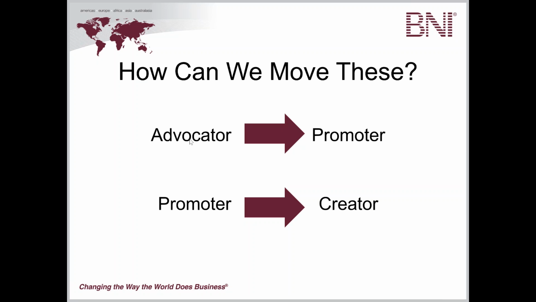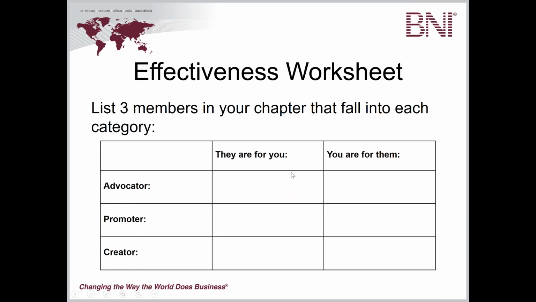And I think about this too. Remember when I said if you make a list of who is an advocator and then write out 3 things that you're going to do this week to help educate them, build a relationship, and move them closer to promoter. I think that's the missing link: sometimes we're reactionary, not purposeful in our plans. So what if you were to take 3 people this month, like our thing says right here, take 3 in each category.